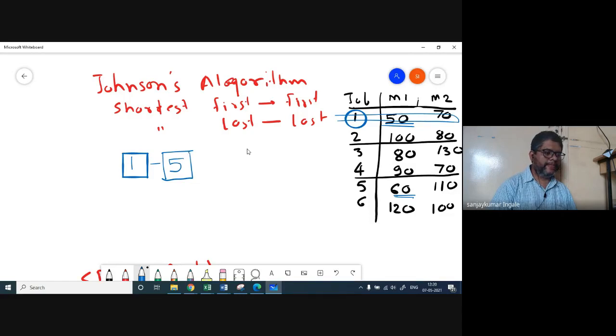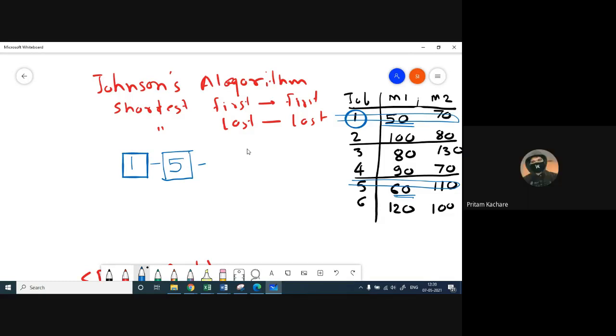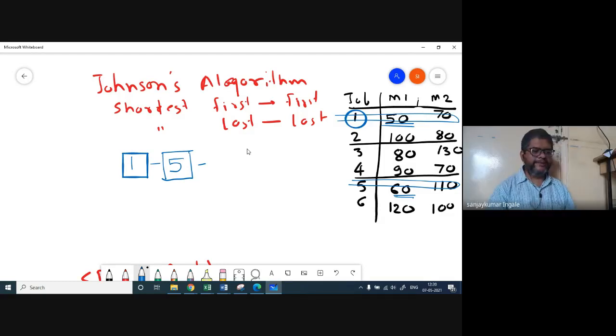Got it? Next. Once job 5 is scheduled, we are not going to consider this time. Which is the next shortest? Shortest time? 70. Is it? 70 is the shortest. It is for the last operation.